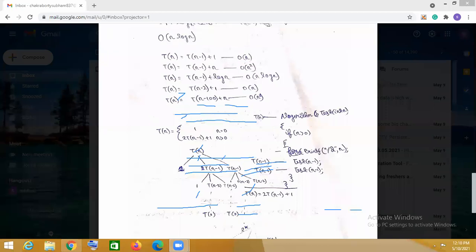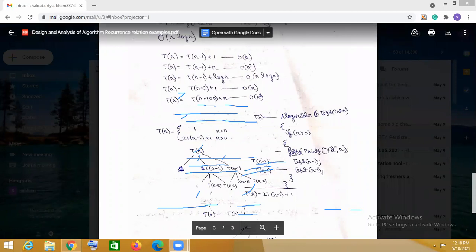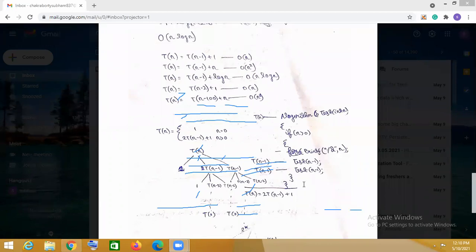Like this, same as that, first you have to calculate the time, and after this time we will set T(n) equal to T(n minus 2). In this algorithm, you are seeing that the function is calling itself 2 times.